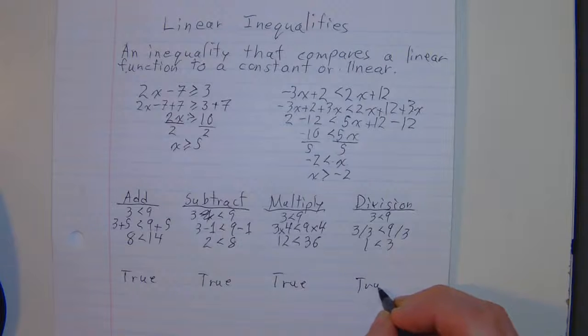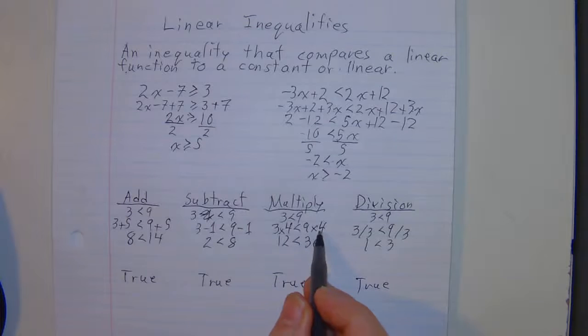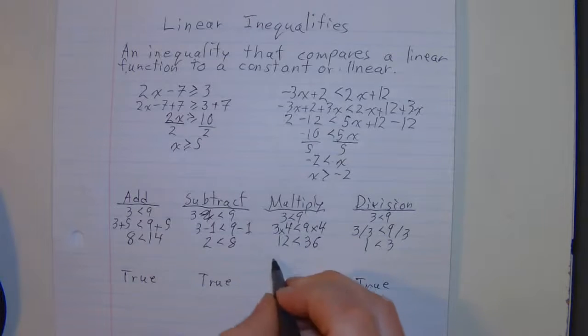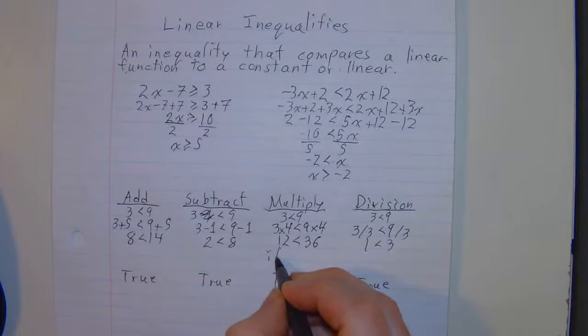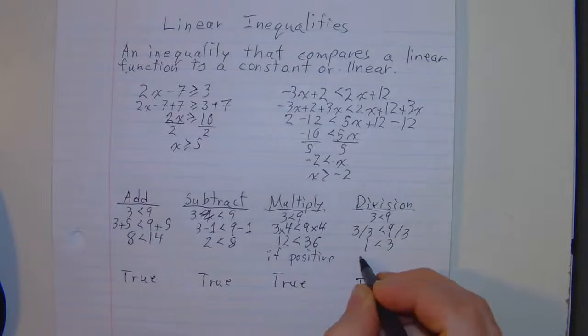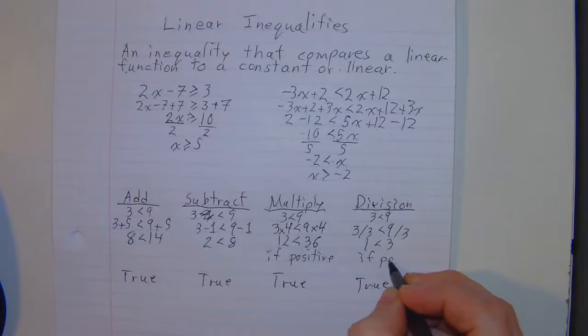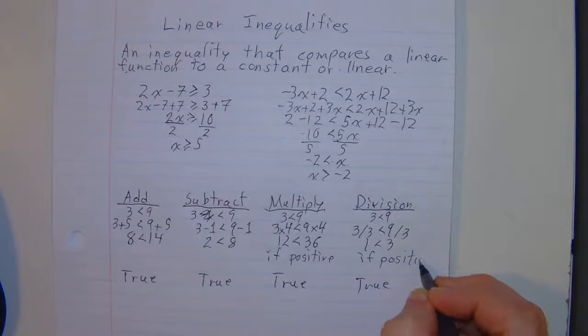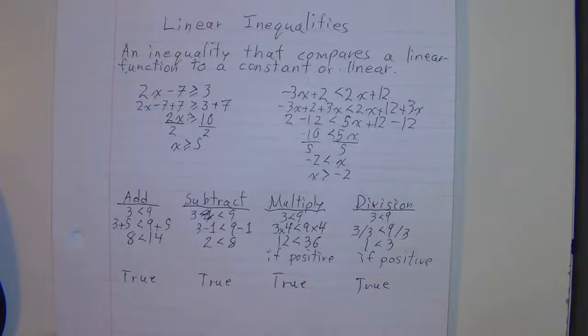True. We need to be a little bit careful, though. Here I've multiplied by a positive. And here I've divided by a positive. What happens if we do multiplication and division by a negative?